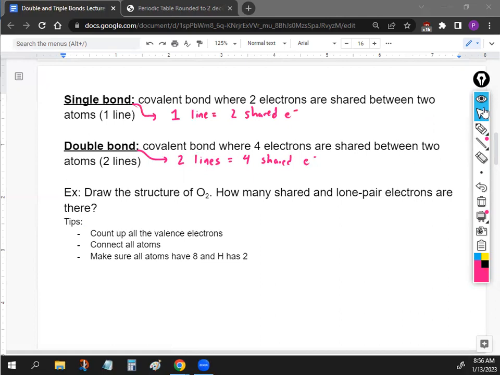So basically, everything we've done so far has been single bonds, one line, two electrons. But you can also have two lines between two atoms, and that's when there are four shared electrons.